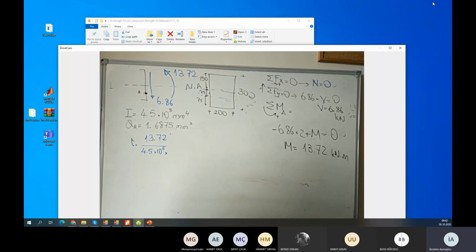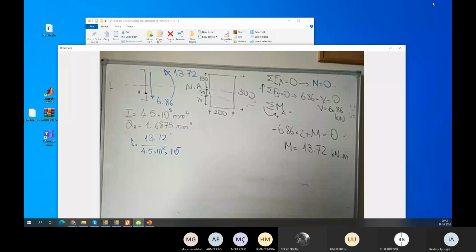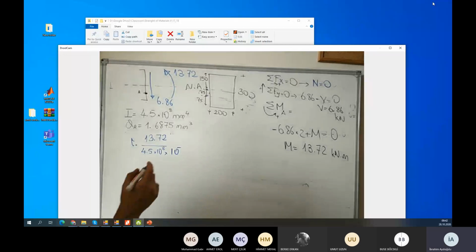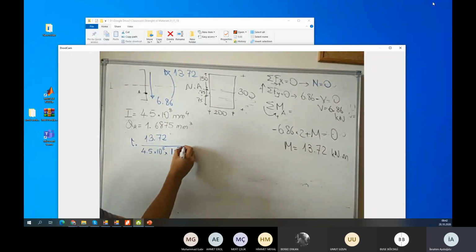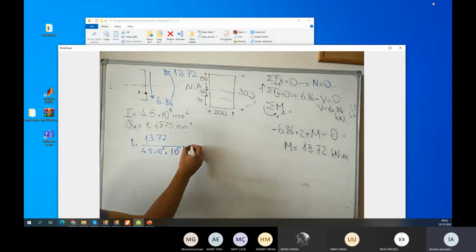Does anyone want to make a guess? Let me help you: 10 to the power minus what? 4, 8, 12. Okay, 12, guys. This is the moment of inertia.